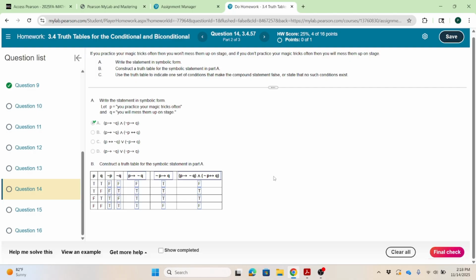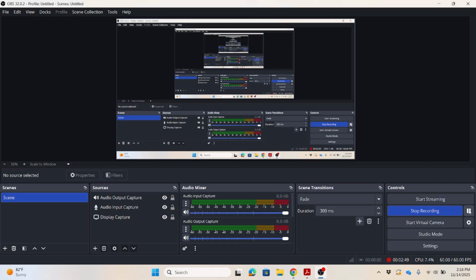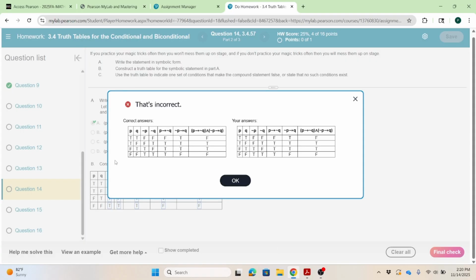Okay, let me check. After trying this problem three times, I did not get any different answer. So finally, when I checked the answer, my answer, which is this one, is exactly the answer it's supposed to be.